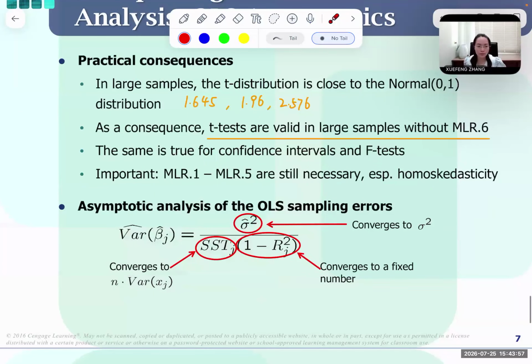Okay, so quick look at why the variance of beta j hat behaves nicely as n grows.